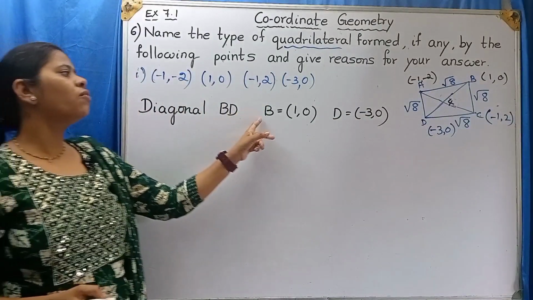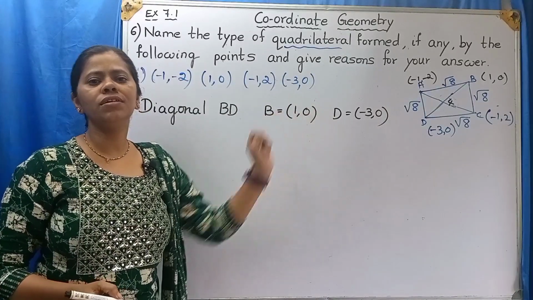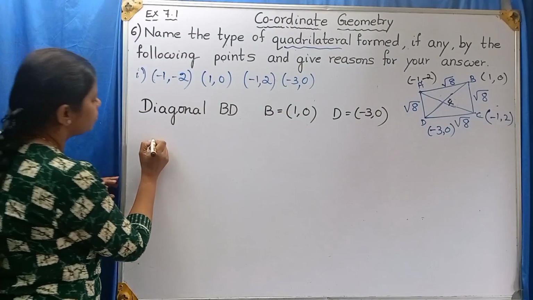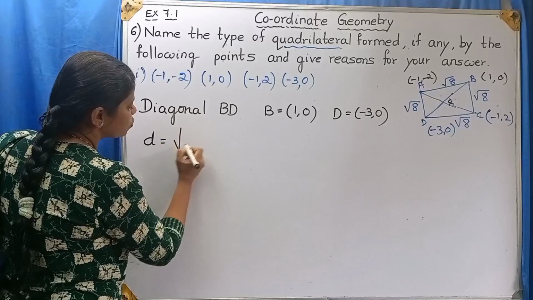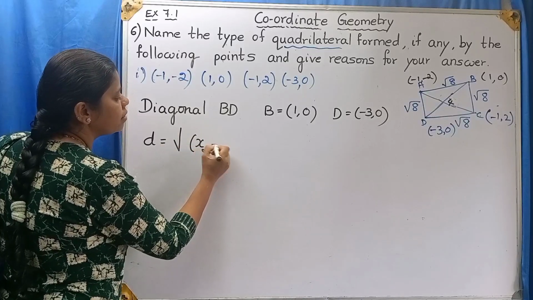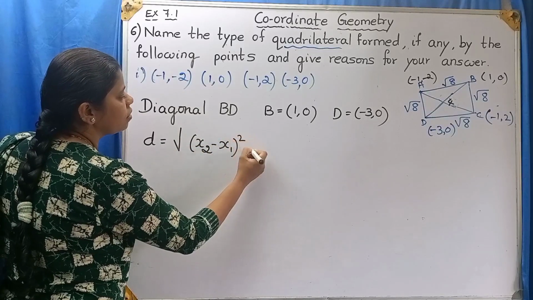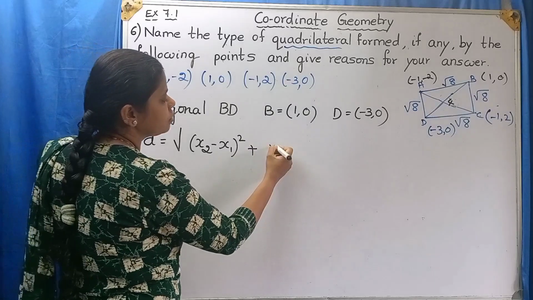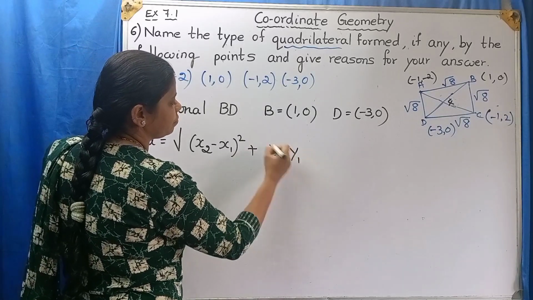And we have to find the distance between them by using the distance formula. That is, D is equal to square root of (x2 minus x1) the whole square plus (y2 minus y1) the whole square.